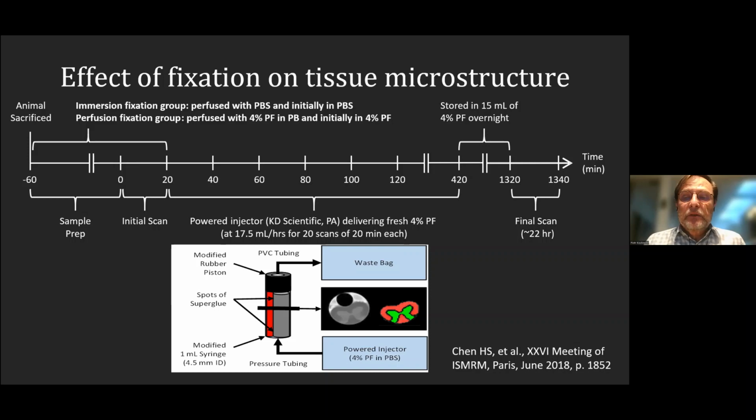Then these extracted cords were placed in a tubing, in a container, and we were running 4% paraformaldehyde through this container over time, providing the immersion fixation to both cords. Then finally, we left both groups of cords in the perfusate and repeated the final scan for 22 hours after excision.